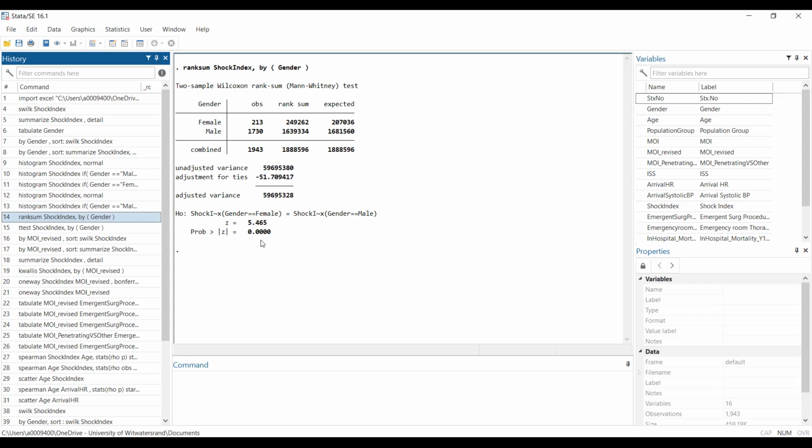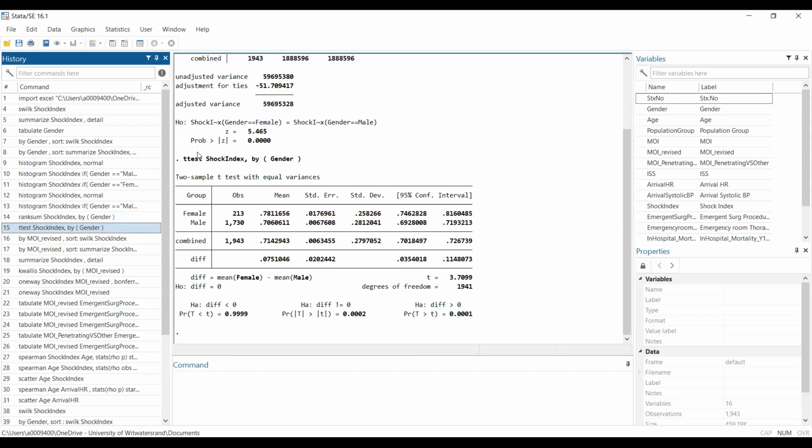As I said before, we can use the t-test because our observations in each group are more than 30. So if we look at the parametric test by gender, we're going to look at the one that doesn't assume any specific direction, and you see that the p-value is still super significant. So regardless of which test, Mann-Whitney or t-test, there's a significant difference in shock index between our males and our females.